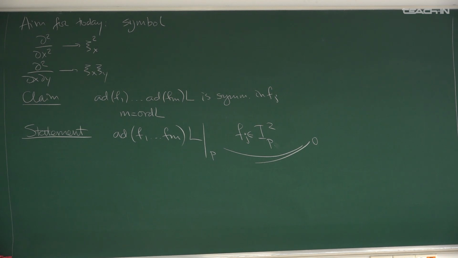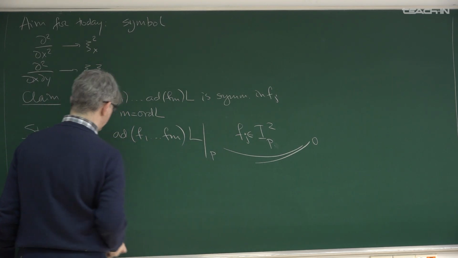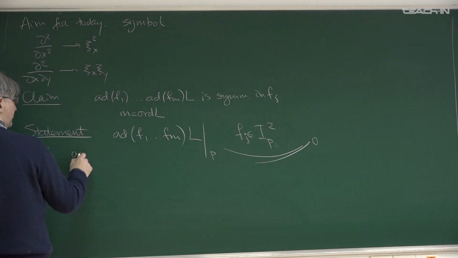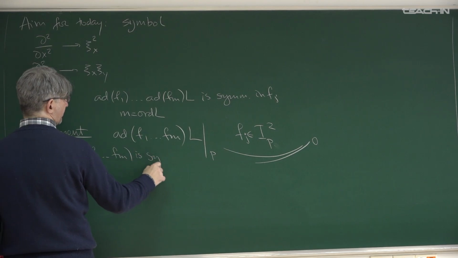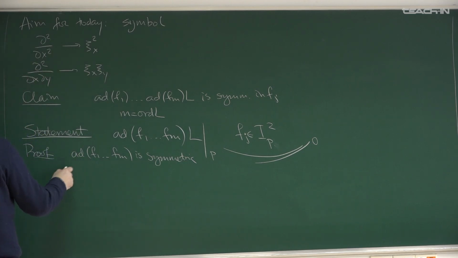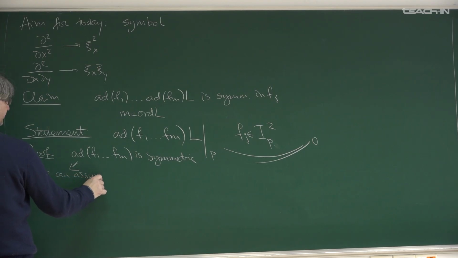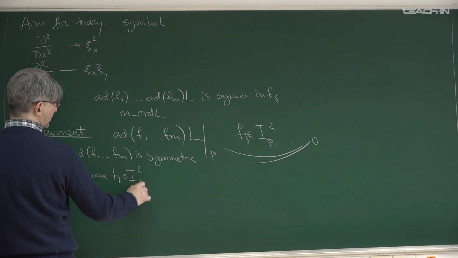Well, what does it mean? How to prove it? It is symmetric, so we can assume that F1 belongs to the square of the ideal.